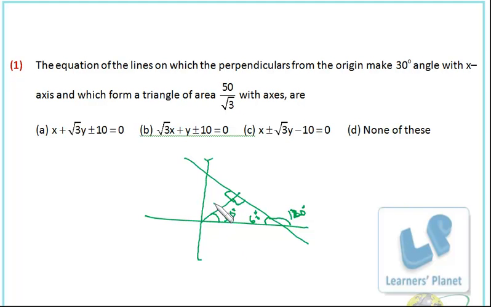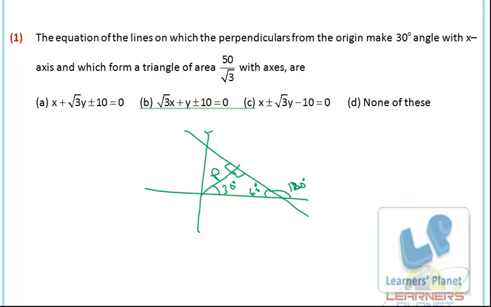Now I assume this length to be p, though you can directly use the normal form, that is x cos alpha plus y sin alpha is equal to p, or you can find out the coordinates of these 2 points. If this length is p, I assume this length to be a, right? The relationship between these two we have already done while discussing the normal form. So it is perpendicular by hypotenuse, right?